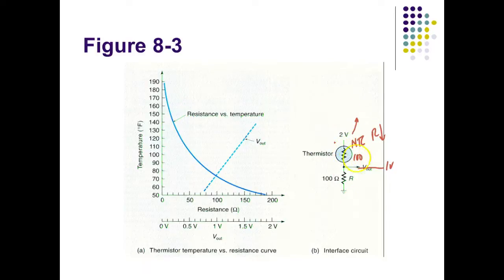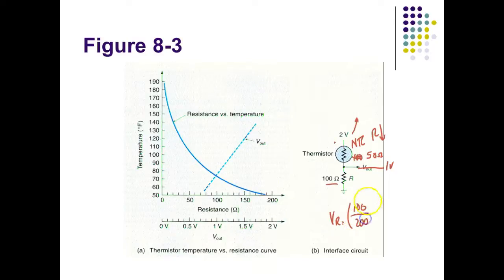But if the temperature goes up, this right here might go down to 50 ohms. Before, when we used our voltage divider formula, VR would be equal to the size of R, which is 100 ohms, divided by the total resistance.